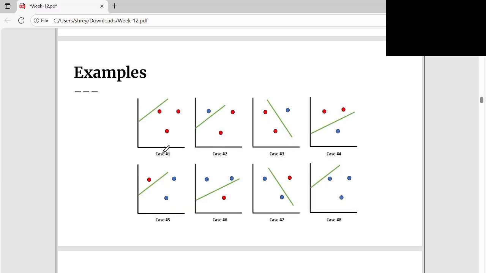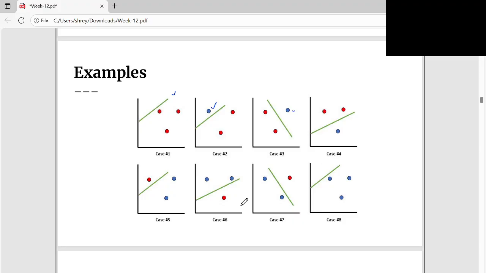For all these three cases, let's say for case 1, if all 3 points belong to the red, that is the minus class, -1, then this classifier can be drawn. If one of them belongs to the positive class, then this classifier can be drawn. In total there are 8 combinations, and from all these 8 combinations I am able to classify these points into the 2 classes easily.